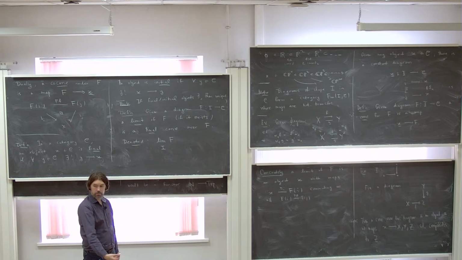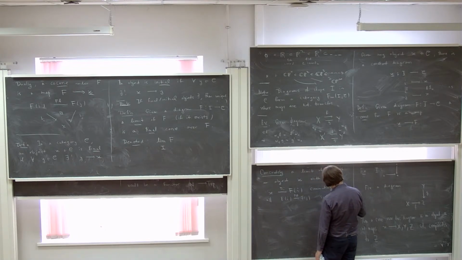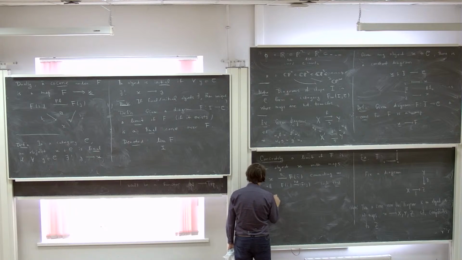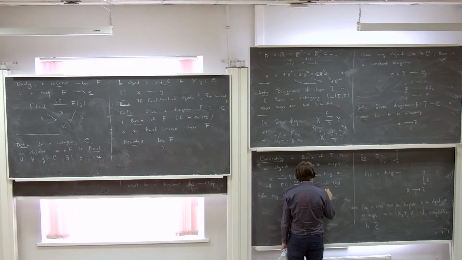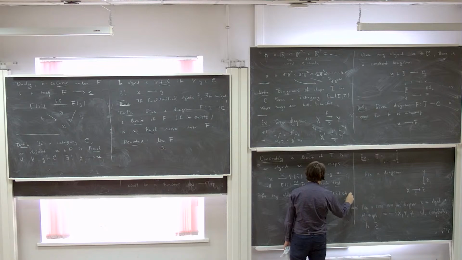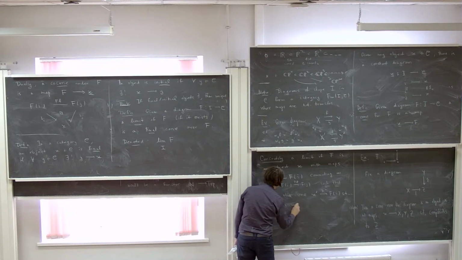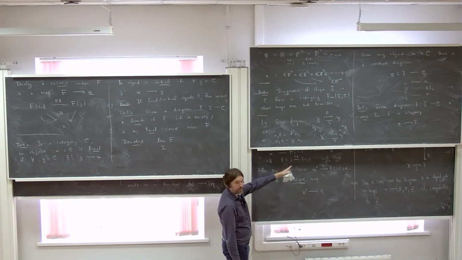So any other cone will map to this one uniquely, such that, so this is what it means to be final, for any other cone, let's call it, say, X prime, with its own maps, which commute, there's a unique map from X prime to X, which commutes with the pi i's.